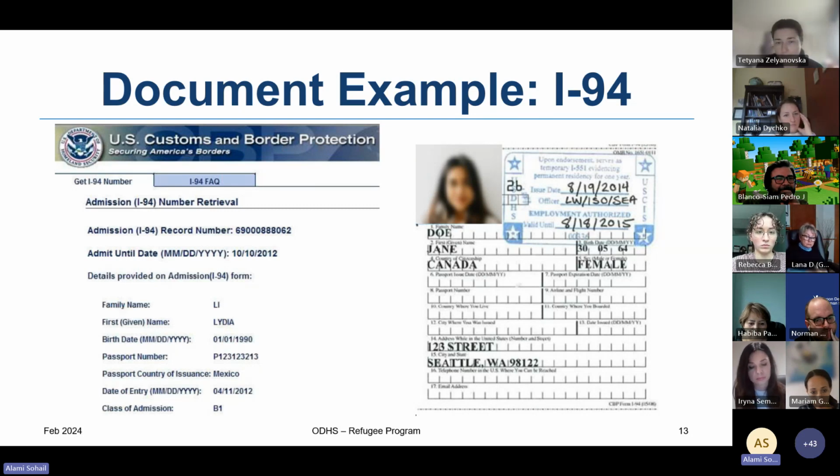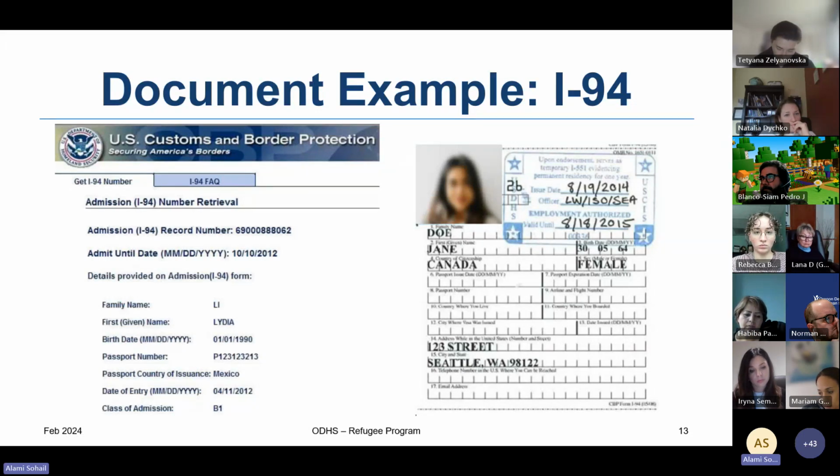And so there are a few information pieces that you need to keep an eye out for on the I-94. So it would have the person's first name, last name, date of birth, their passport number if they have one, date of entry. The most important thing that you have to keep an eye out for is the class of admission. And then most of the times it will have their A number on there as well.